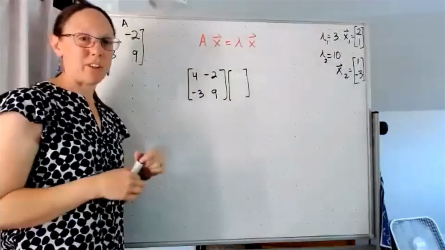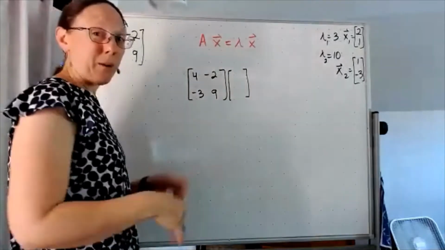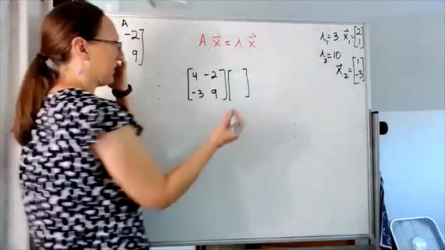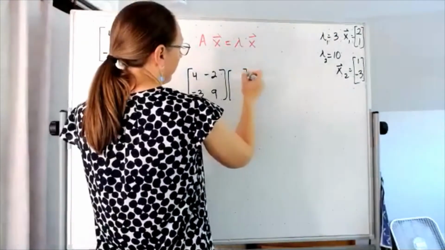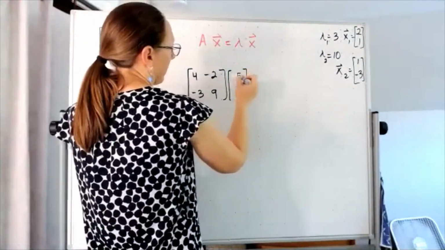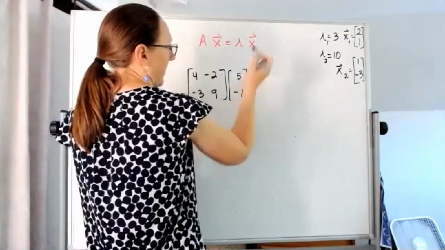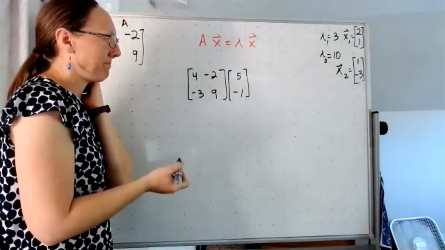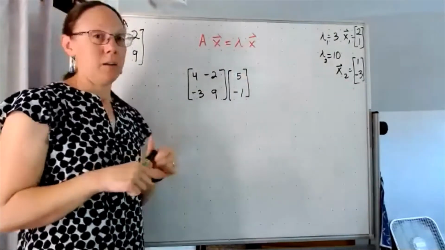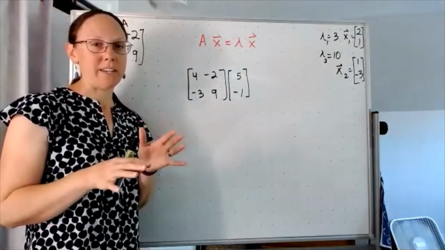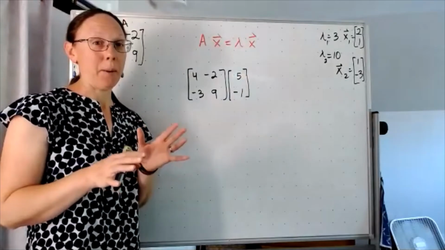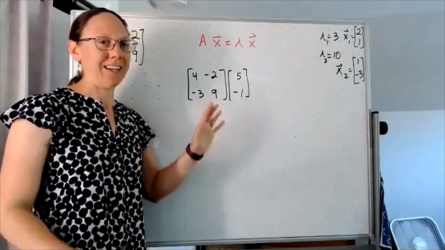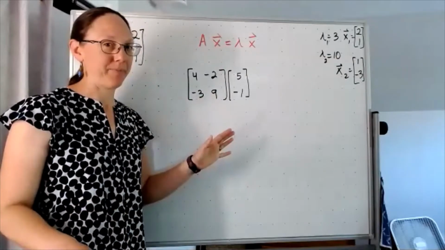So if I have this matrix A and I wanted to multiply it by some kind of random vector, I don't know, 5, -1. Obviously, doing the matrix multiplication here is not too bad.